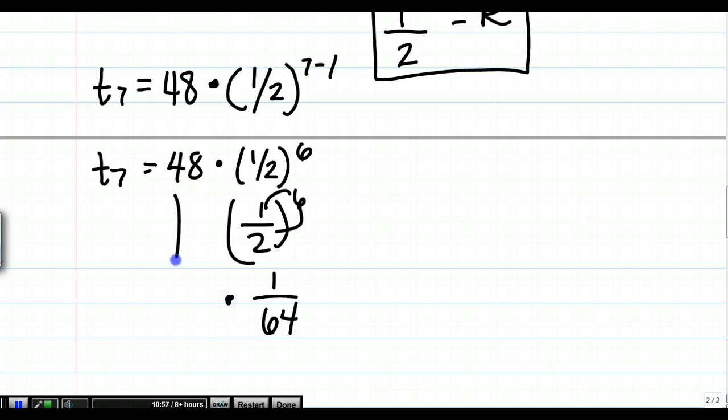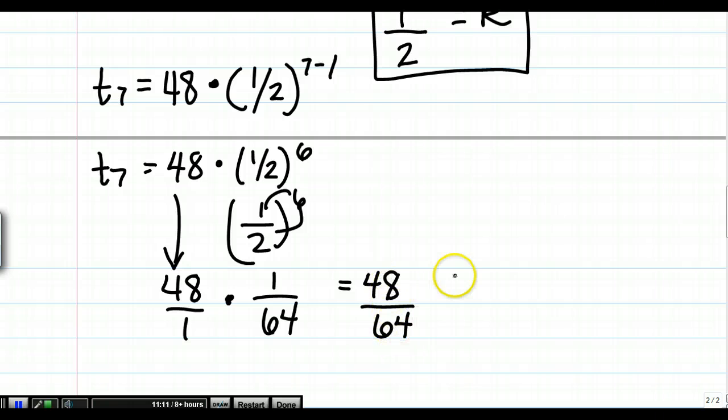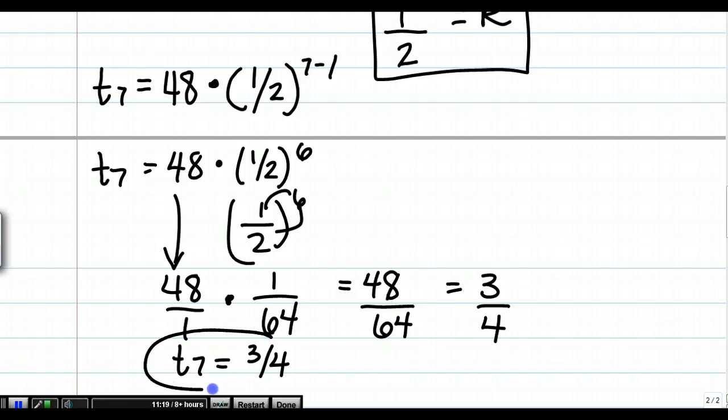Now you can multiply that by 48. So you'd have 48 times 1 is 48. 1 times 64 is 64. You can reduce this to be 3/4. So that means that your seventh term is 3/4. And you have answered the question.